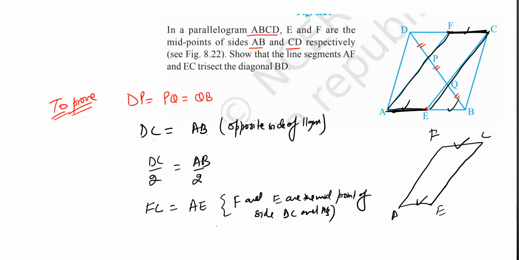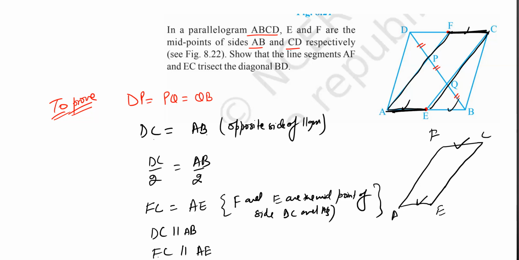Got it, sir. Now, you know that since DC is parallel to AB, FC will also be parallel to AE.